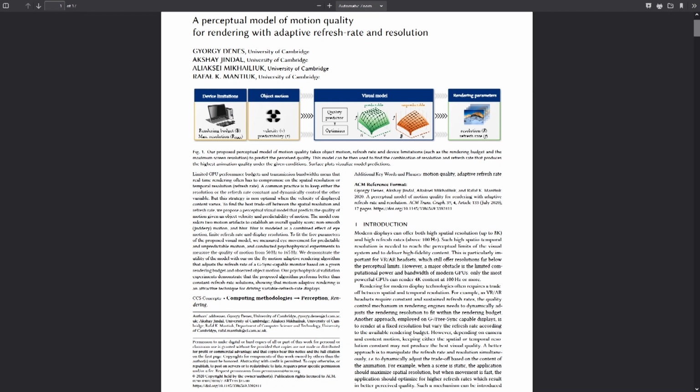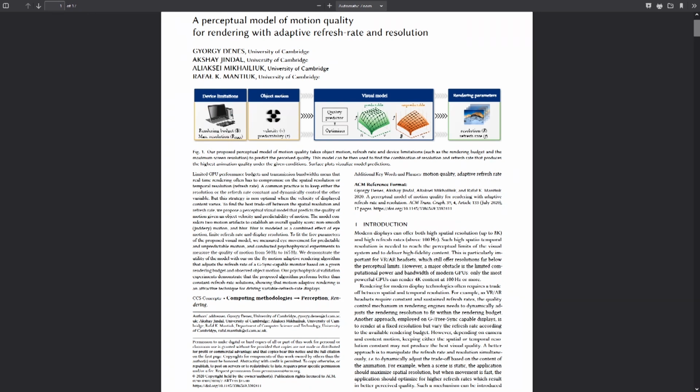This is a SIGGRAPH paper from 2020 by people at the University of Cambridge, and basically the overview of this paper is that they want to find a way to have on-the-fly motion adaptive rendering algorithms that can support and adjust to the refresh rate of a G-Sync compatible monitor, G-Sync or FreeSync, based on a given rendering budget and observed object motion.